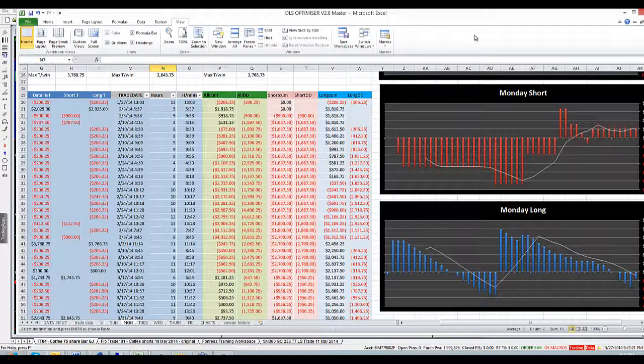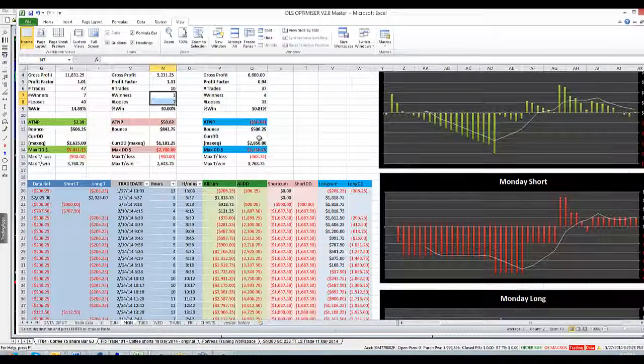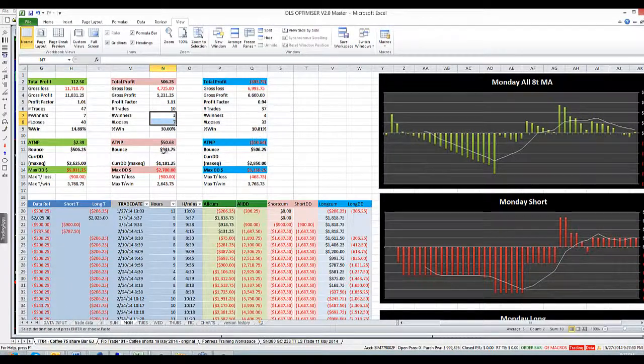Now the picture is here that while Monday shorts has been bad, because remember Monday shorts had a max drawdown, let's have a look at its max drawdown. So max drawdown is 2,700. Our current drawdown is 1181.